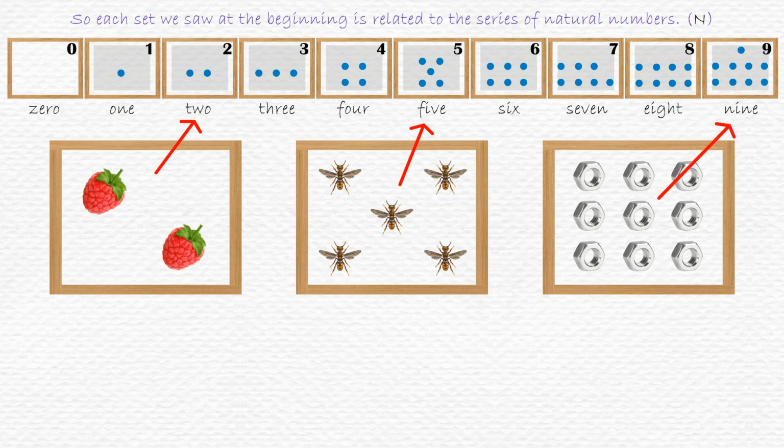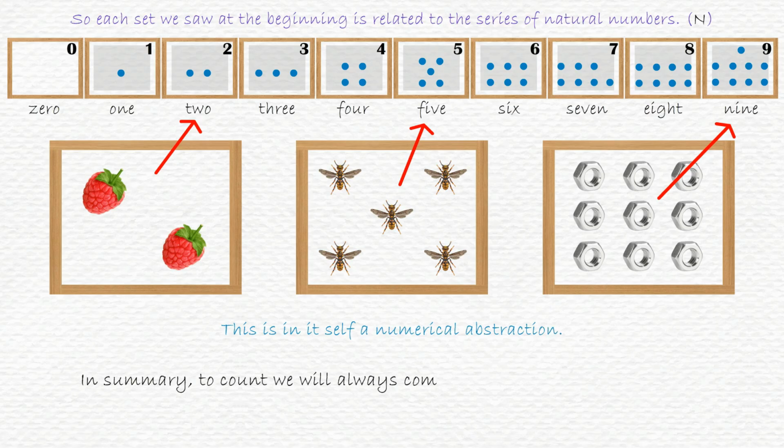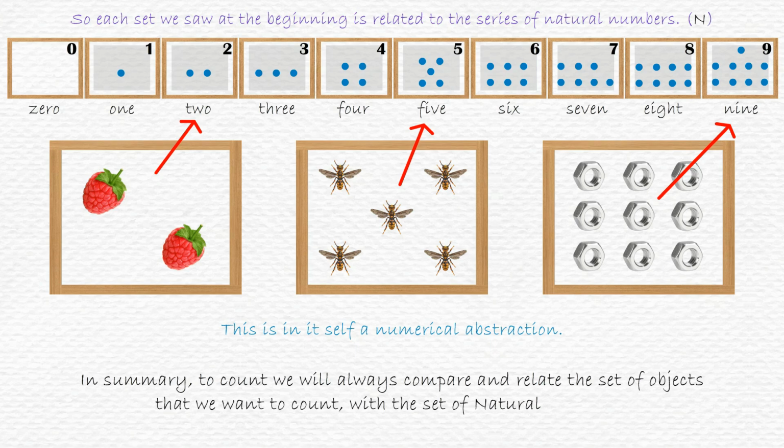And in this set there are 9 elements. This is in itself a numerical abstraction. In summary, to count we will always compare and relate the set of objects that we want to count with the set of natural numbers.